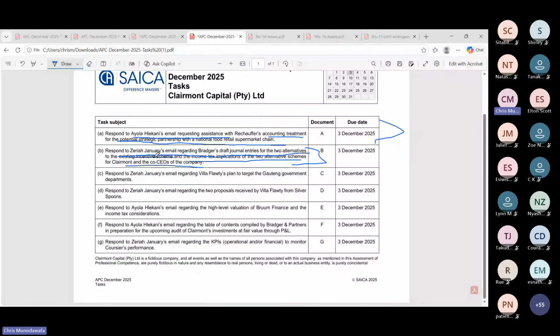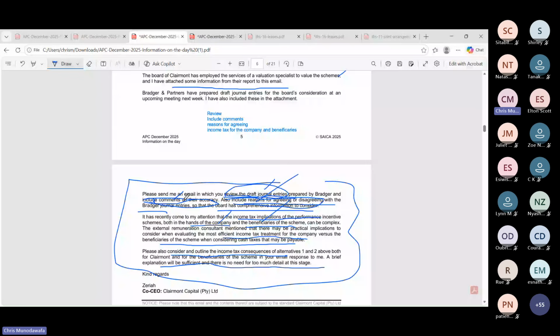Have I picked all my asks? What I wrote here: review, comment, reasons for agreeing, income tax implications for the company, then for the beneficiaries. So I need to cover what is called coverage. I am repeating again.